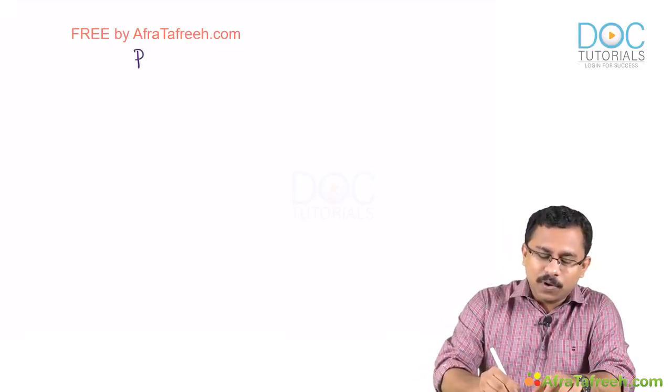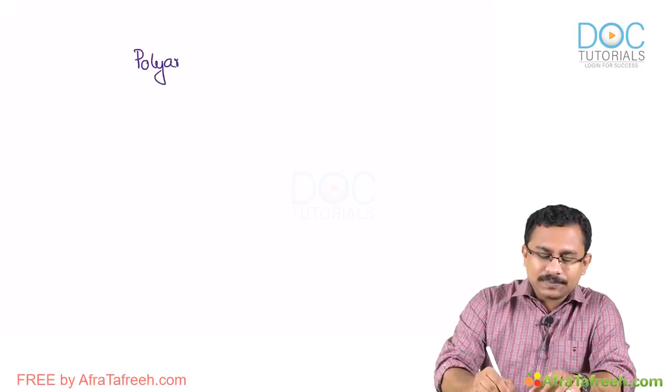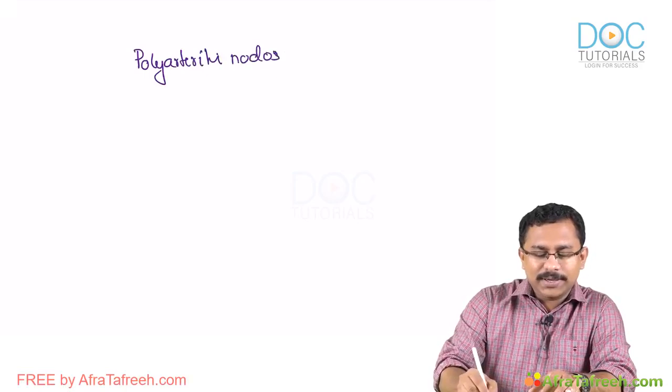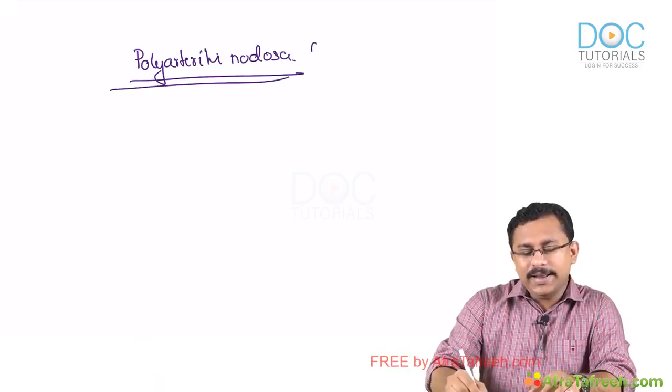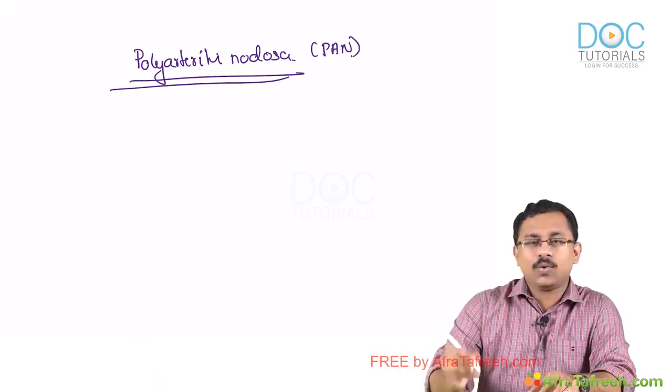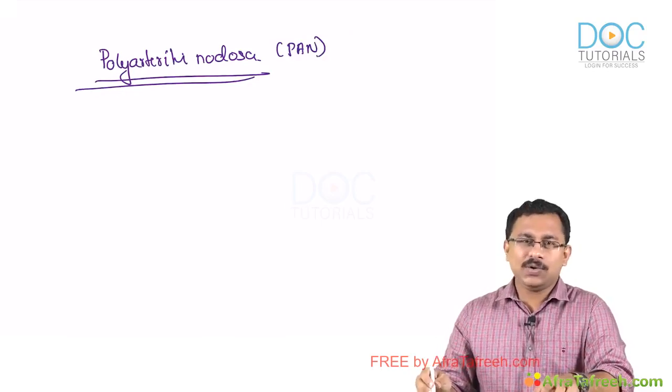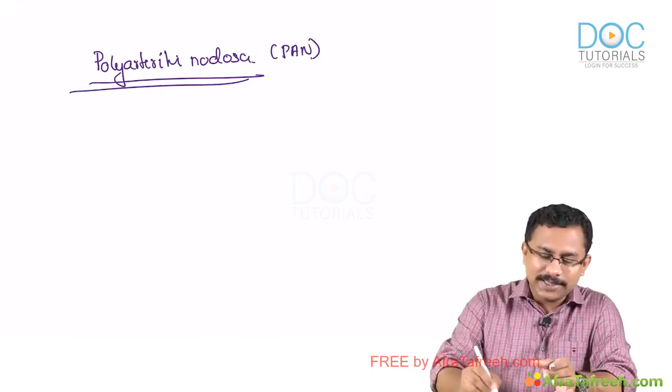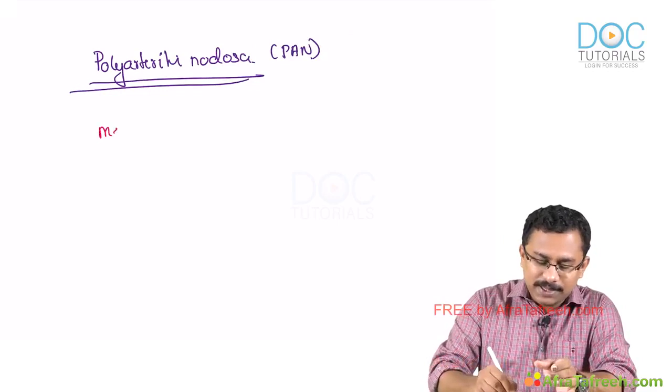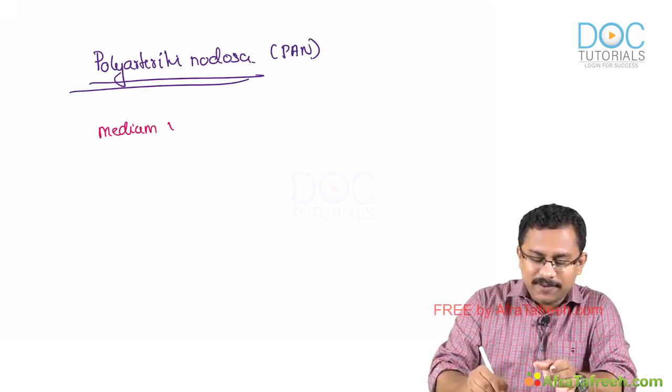Now we come to polyarteritis nodosa, which is a medium vessel vasculitis. We are going to discuss the medium vessel vasculitis, PAN. That is the first point you have got to know.